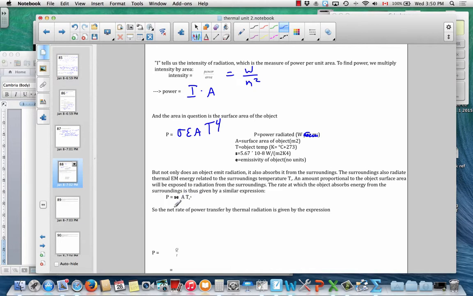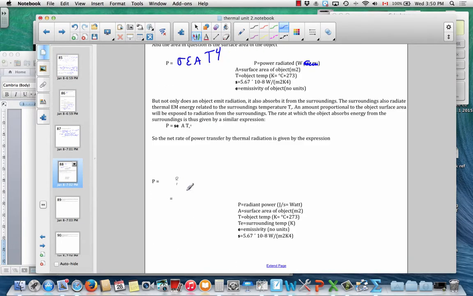So we end up then, for the net power, which is going to be the amount that's emitted minus the amount that's absorbed from the surroundings, is sigma epsilon area, object temperature to the 4th minus surroundings temperature to the 4th. And this is known as the Stefan-Boltzmann Law.